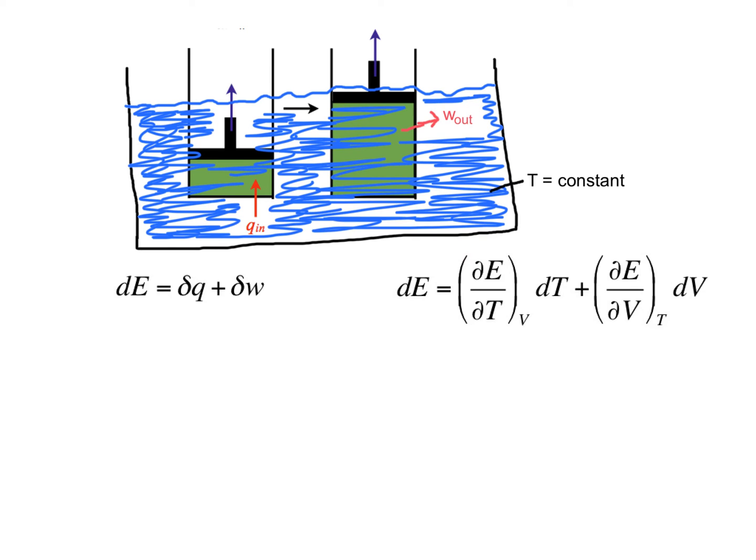And since we're doing this isothermally, dT is equal to 0. However, in this case, (∂E/∂V) at constant T does not equal 0 because we do have interactions between particles, and when we push the particles closer together or pull them further apart, we're changing the intermolecular potential energy and thus the total energy of the system.